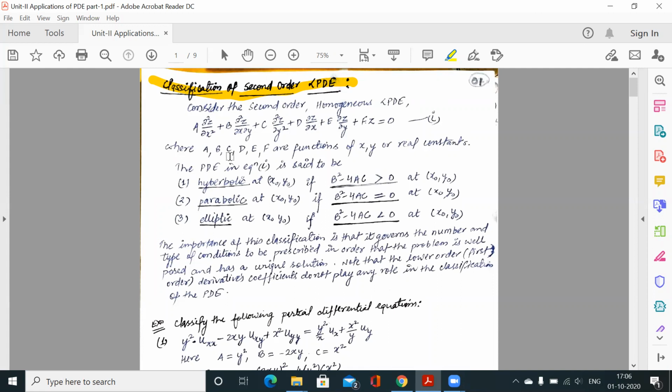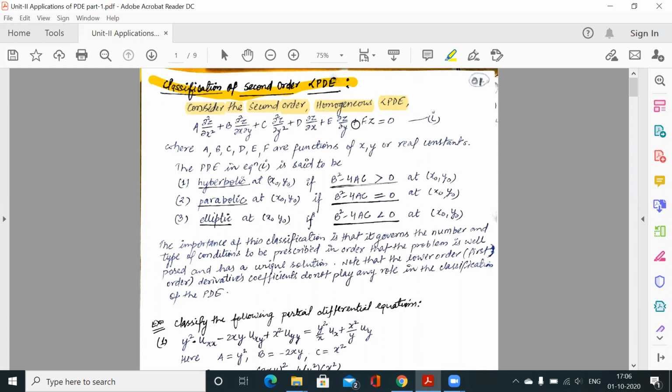So how to classify second order linear PDEs? Classification means just giving names, the categories. Suppose we are given one linear PDE of second order. This is considered the second order homogeneous LPDE.